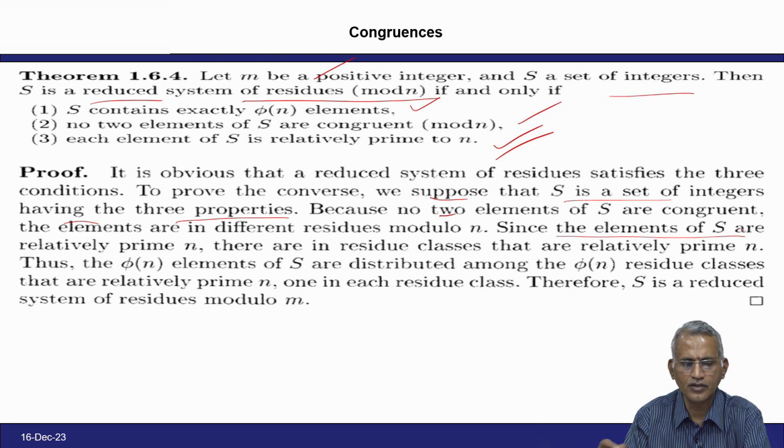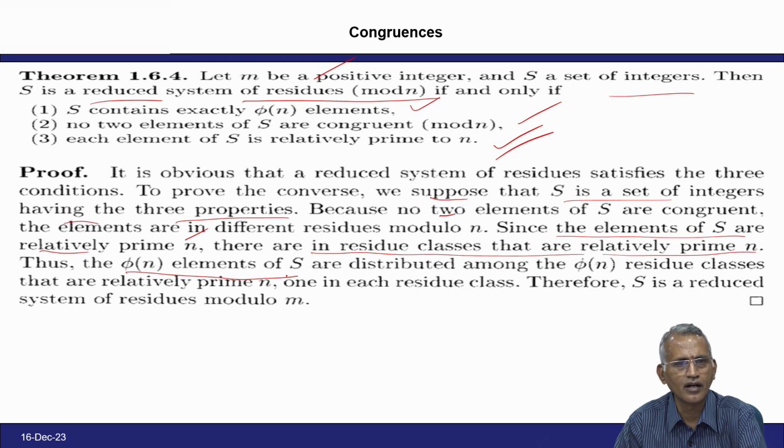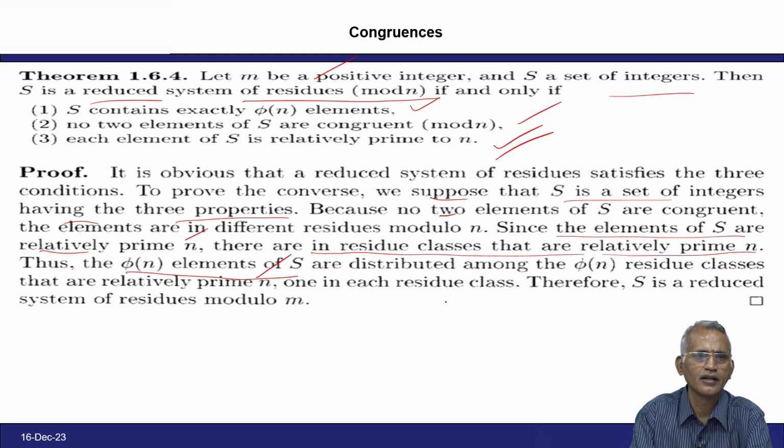Since the elements of S are relatively prime to n, they lie in residue classes that are relatively prime to n. Thus, the phi of n elements of S are distributed among the phi of n residue classes that are relatively prime to n, and each such residue class contains exactly one.